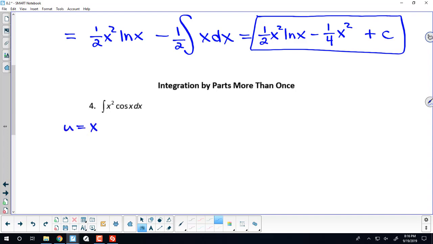We'll let u equal x squared, dv cosine x dx. du is then 2x dx. And v, the antiderivative of cosine, is sine.